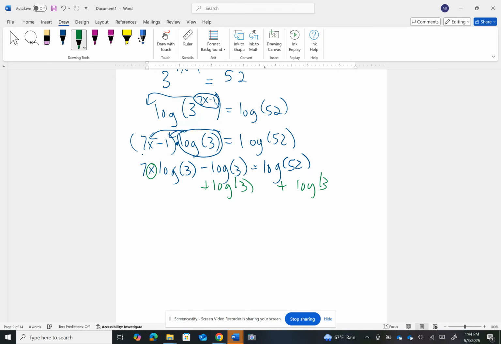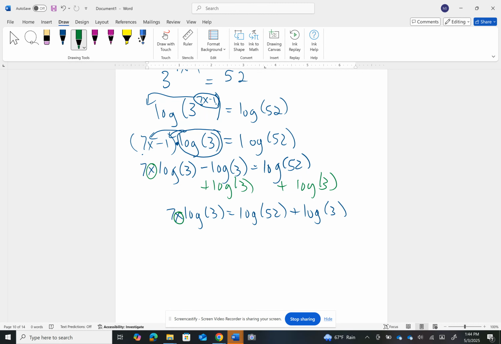When you do, you can't add the 52 and the 3 and get 55. That's not true. You'd have to evaluate the log of 52 and add it to what you get when you evaluate the log of 3. So here we would have 7x log of 3 equaling the log of 52 plus the log of 3. Okay? And then we're almost done.